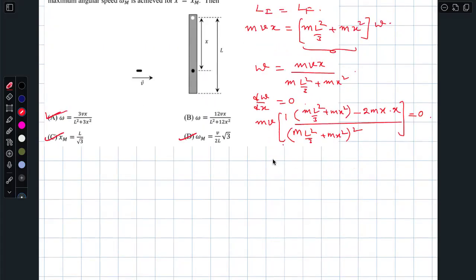So practically, ml square by 3 is mx square. So x is plus or minus L by root 3. So C is correct.